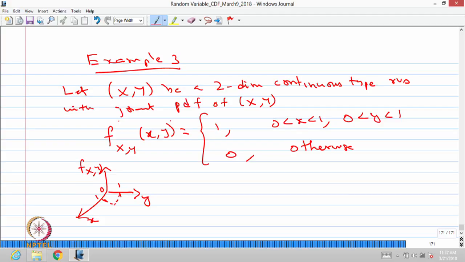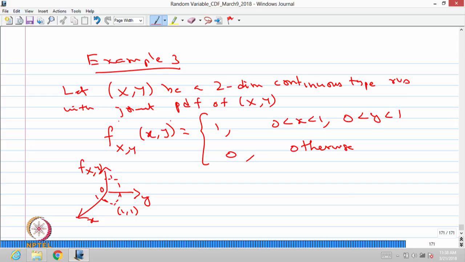So, in the xy plane the region is a square with vertices 0, 0, 1, 0, 0, 1 and 1, 1, and the surface is at height 1 over the square.